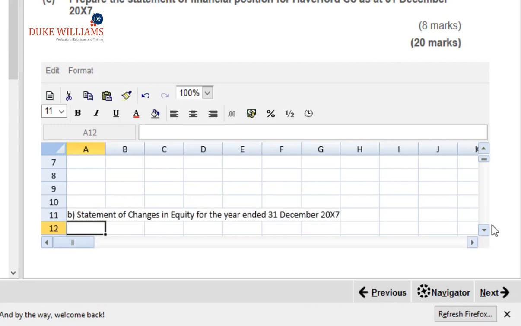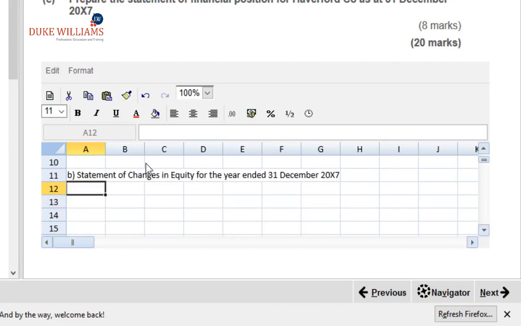Now for the statement of changes in equity, I know that my pro forma would have columns for share capital. We have a column for share capital. I see on top there other components of equity. Well, let me bring retained earnings straight away. Retained earnings.